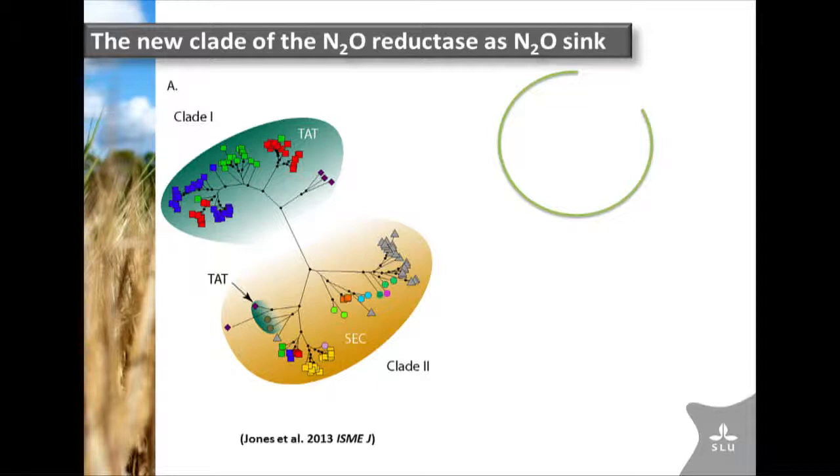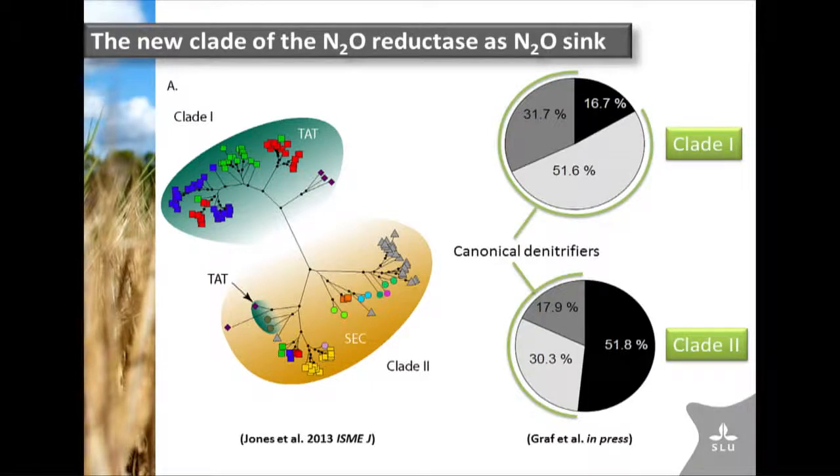Now, if we look at these two clades, clade 1 and clade 2 of the nitrous oxide reductase, we see that we have a much higher fraction, more than 50% of the genomes belonging to clade 2 have only this last step, whereas it's a smaller fraction, only 16-17% among clade 1, that are carrying only that gene.